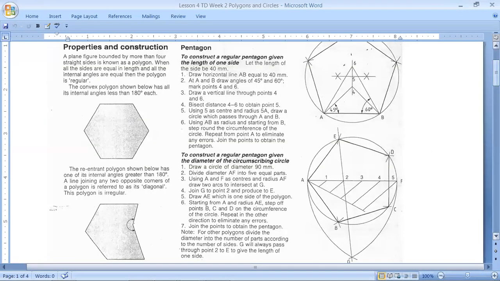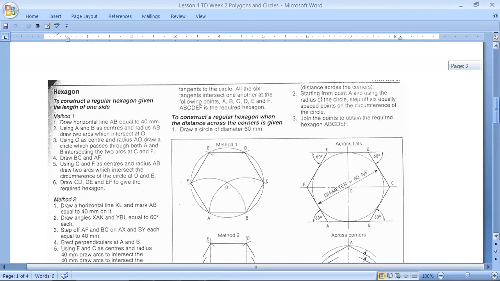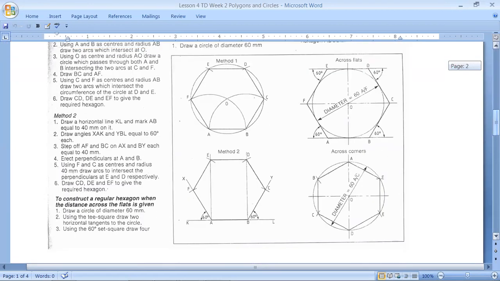When the polygon has six sides, it's called a hexagon. In this particular case, there is a different technique to get the construction. The first two methods here are for when we know the length of one side.